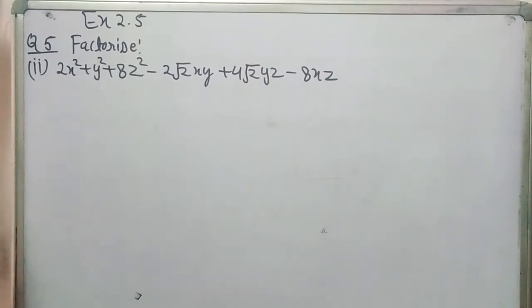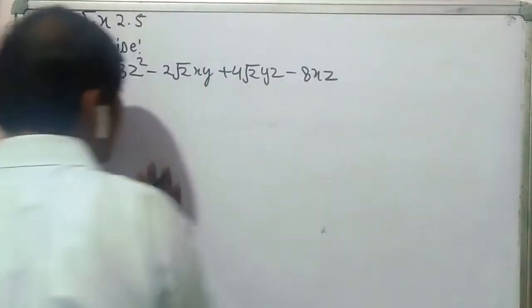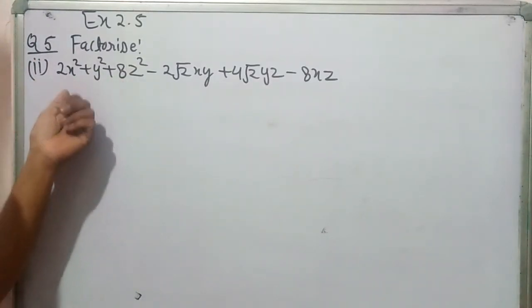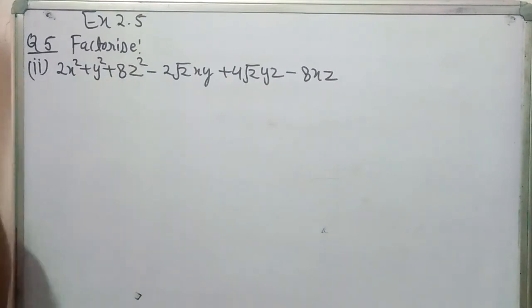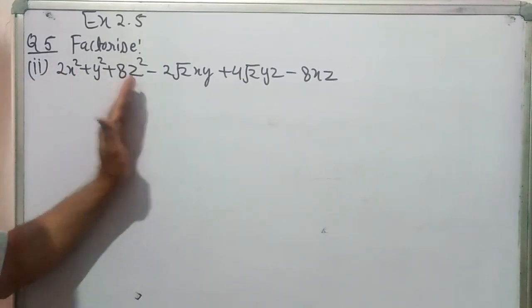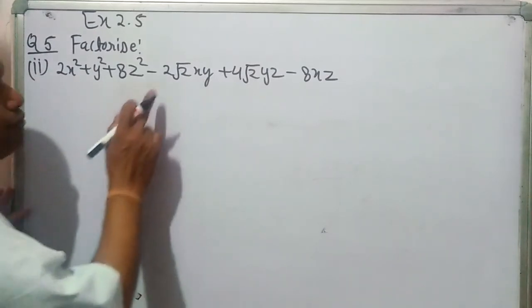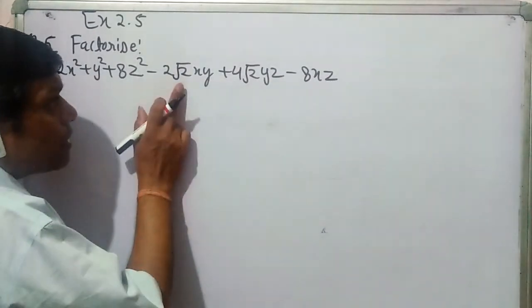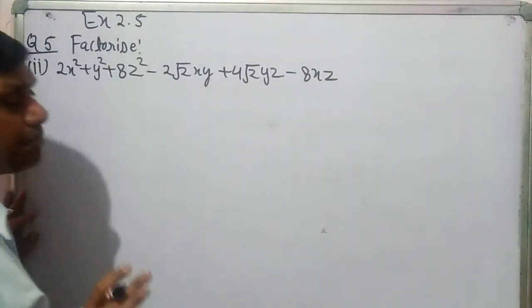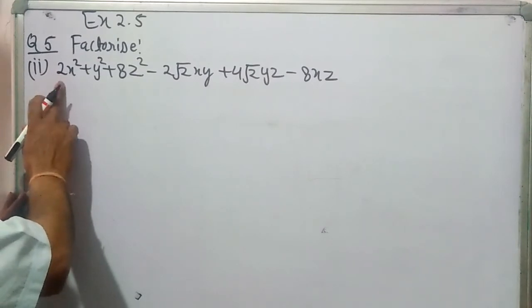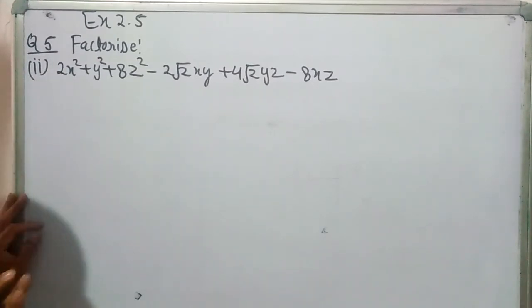The second part of question number 5 we are given in a little different manner. Here the three terms are having x square, y square, z square, but their coefficients are not perfect squares. But what we see, in twice the product of two terms, we are having square root 2's. That means this 2 can be taken as square root 2x square.